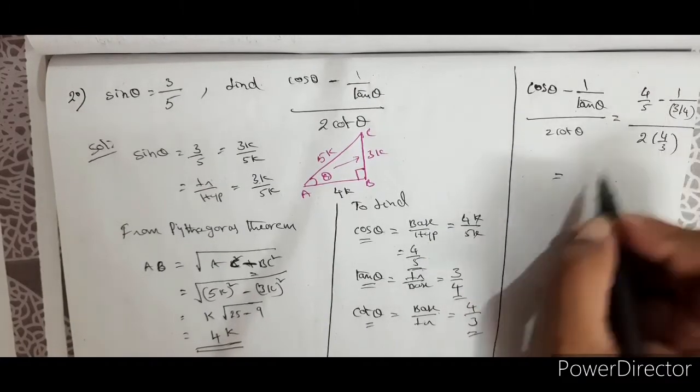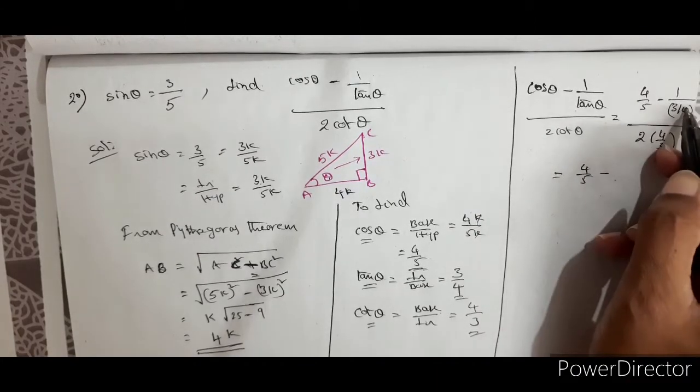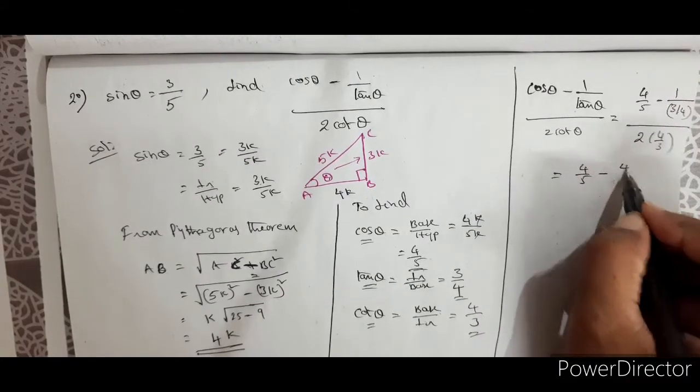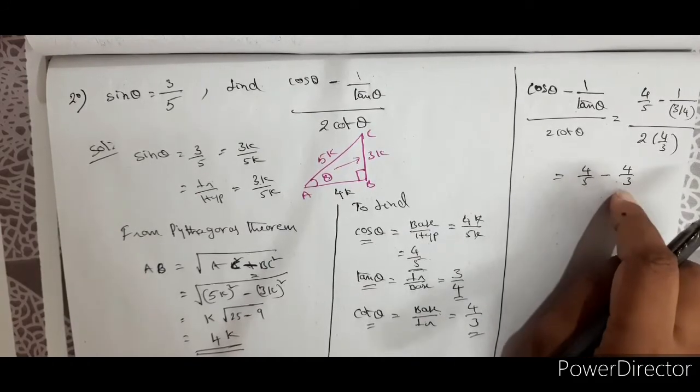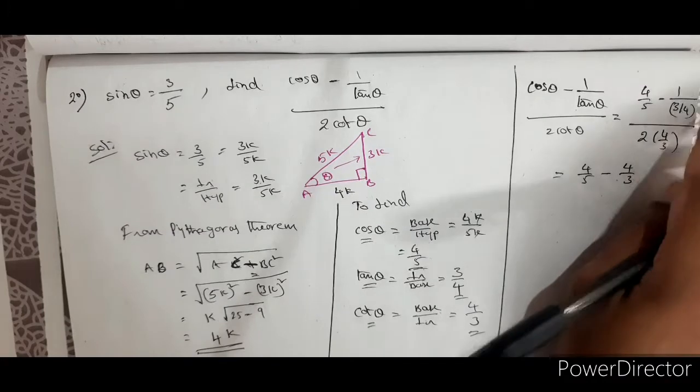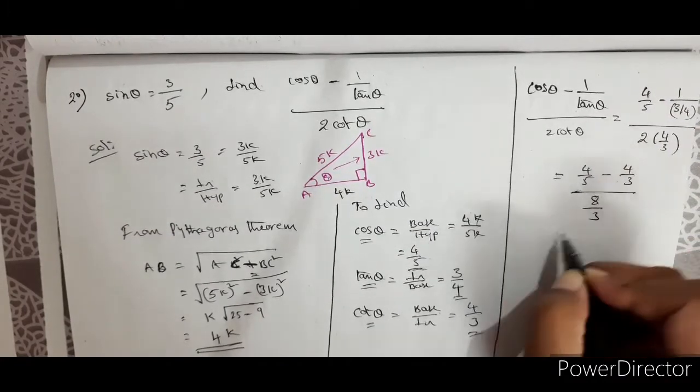Now the next step in this is 4 by 5 as it is. Now minus 1 by 3 by 4. You can reciprocate it and bring it into the numerator. It will become 4 by 5 minus 1 into 4 by 3. Reciprocal of 3 by 4 is 4 by 3. By 2 4s are 8 divided by 3.